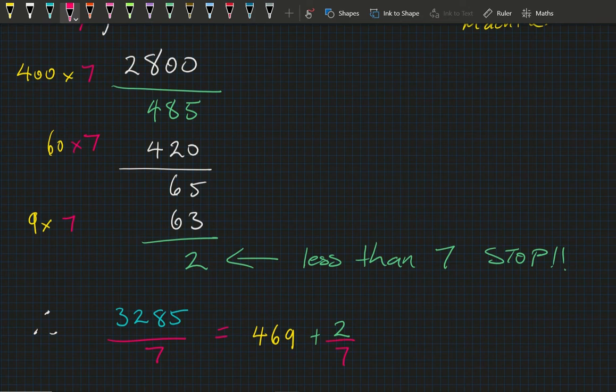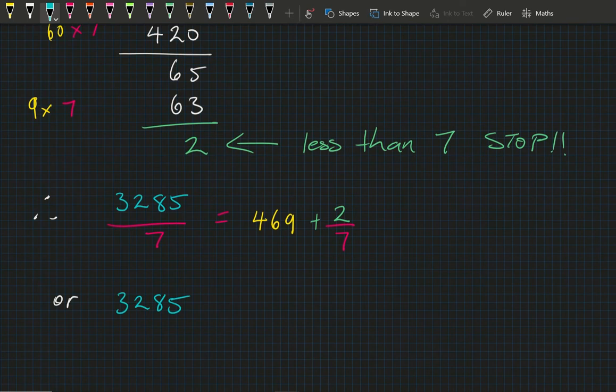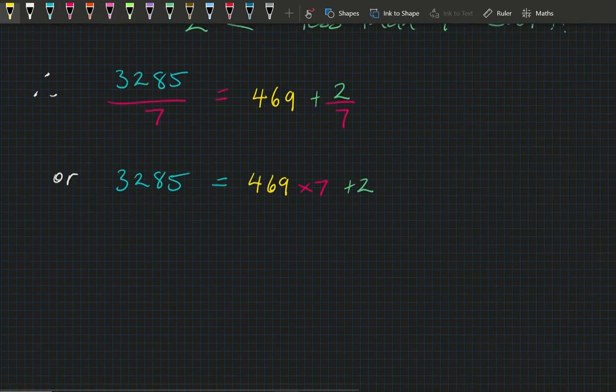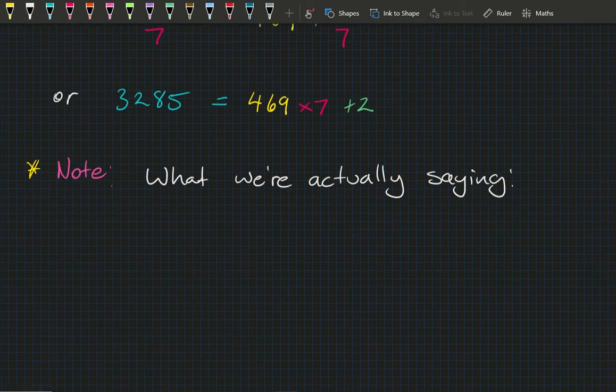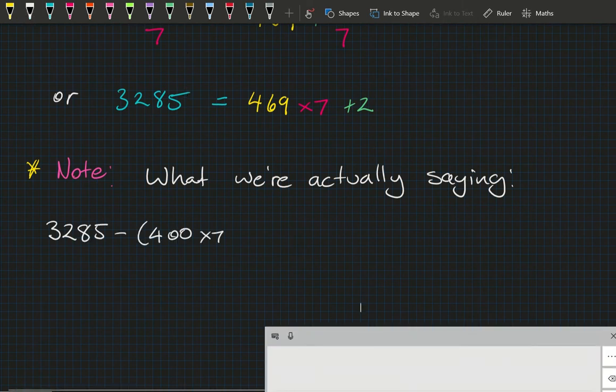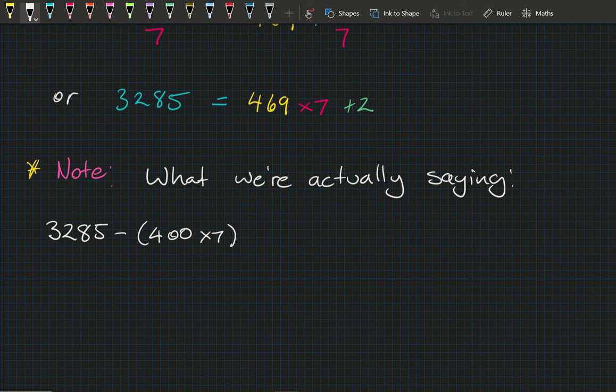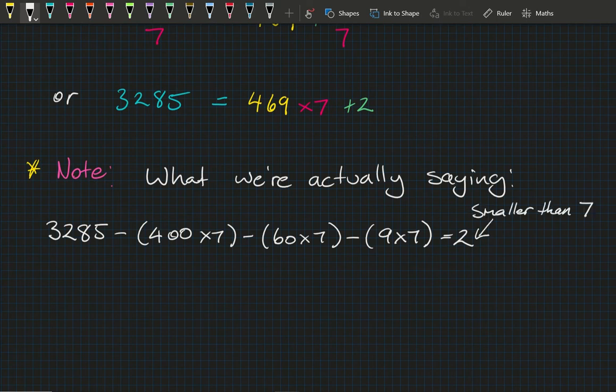So we have shown actually that 3,285 is equal to 469 times 7 plus 2. So I'd like to make a little note here about what we're actually saying. Well, we started off with 3,285 and then we subtracted 400 times 7 and then we subtracted 60 times 7 and then we subtracted 9 times 7 and that was equal to 2, and we stopped there because it's smaller than 7.